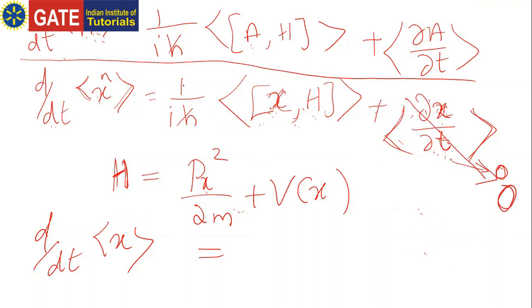What are the remaining terms? 1 by iħ expectation [x, H]. Substitute the H value inside the commutator bracket and find this value. Finally, d/dt of expectation x will be equal to what? I am getting expectation value of Px by m. Expectation Px by m. Yes, ma'am.